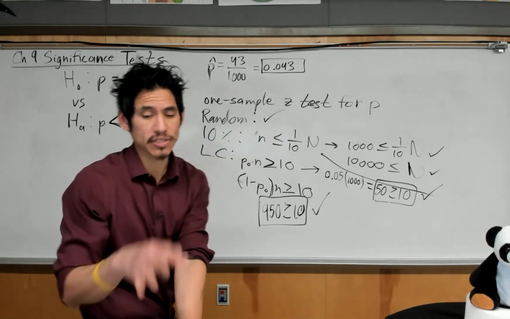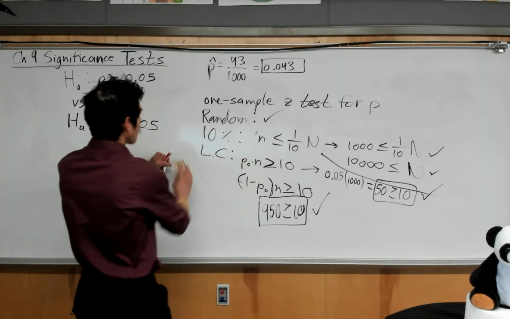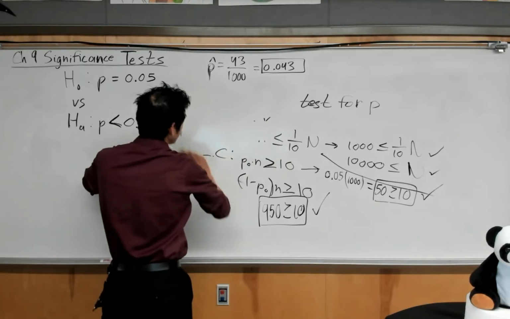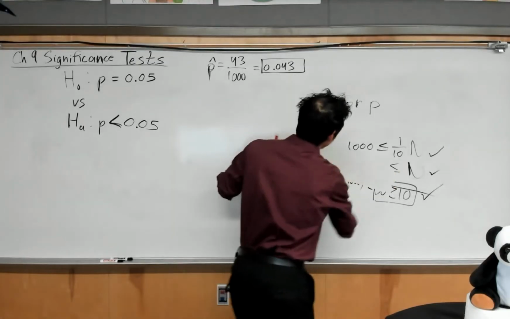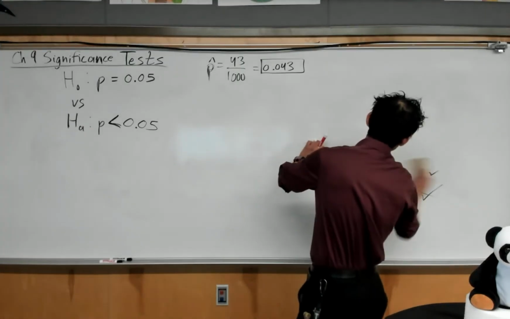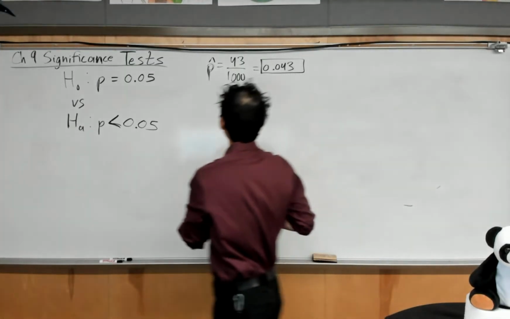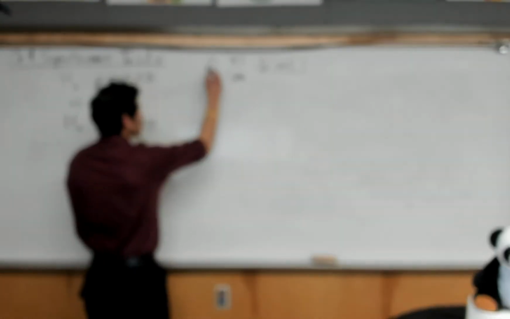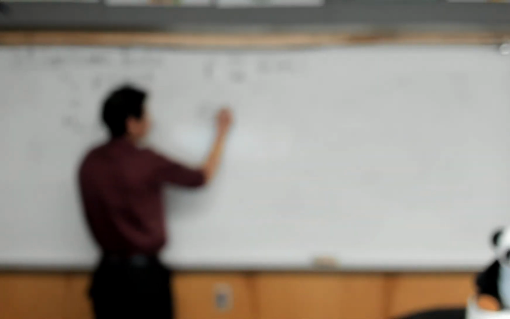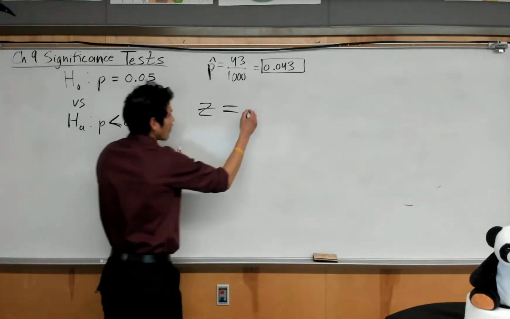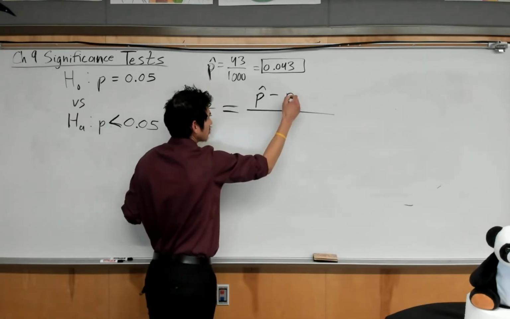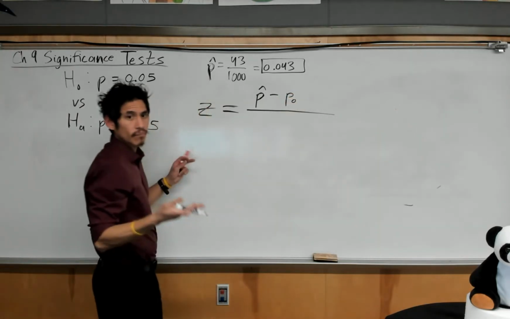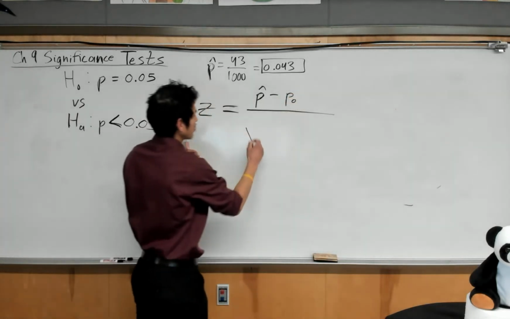But now the next part is key. I'm going to erase this so I can write this clearly. You're going to calculate your test statistic. Your test statistic, your z-score, is going to be equal to p hat minus p naught over the standard deviation of this.